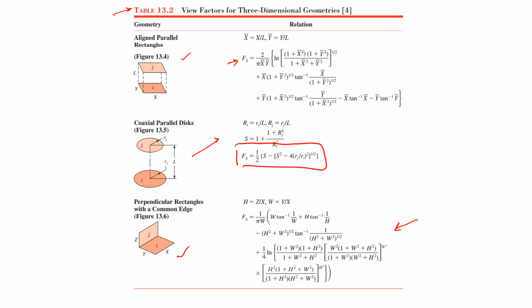These view factors are a bit complicated, but in some scenarios these equations reduce to simple forms, and you will be given all the dimensions, so you don't have to worry about this. And mostly in this course we will be looking at view factors for 2D geometries.